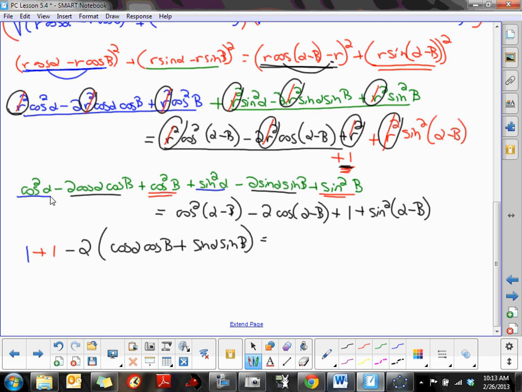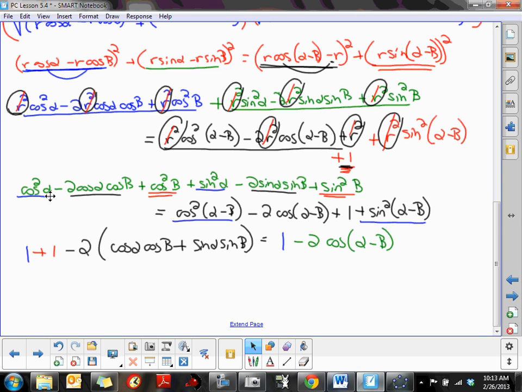And over here, we have a cosine squared of alpha minus beta and a sine squared of alpha minus beta. This is a Pythagorean identity. It is equal to 1. So those two simplify to a 1. Then minus our 2 cosine of alpha minus beta. So let's see what kind of things we can simplify.